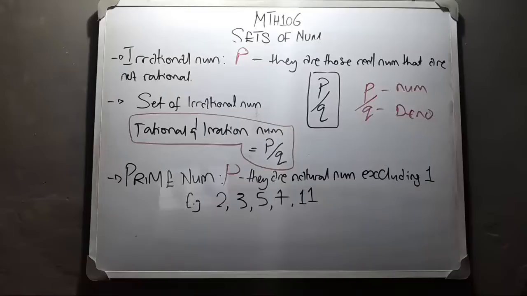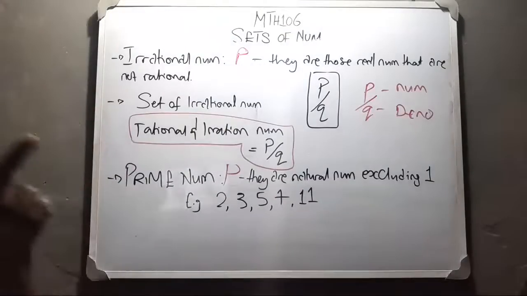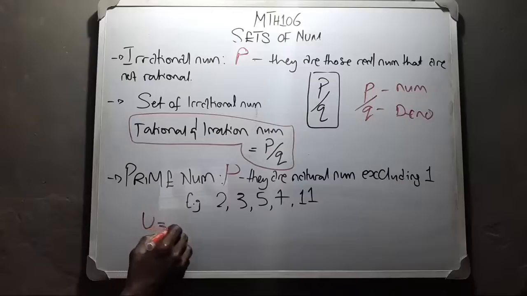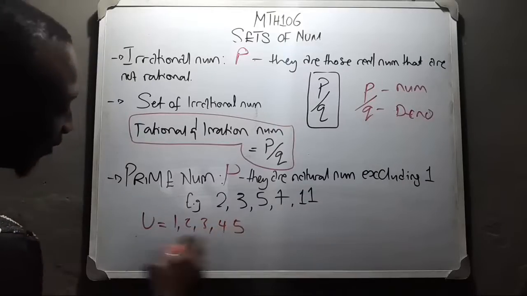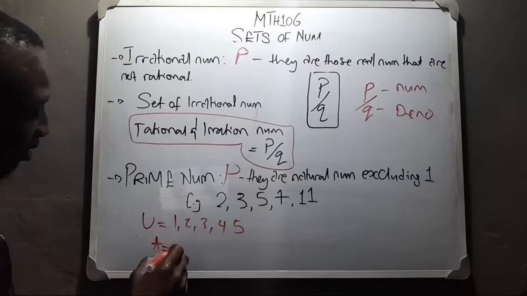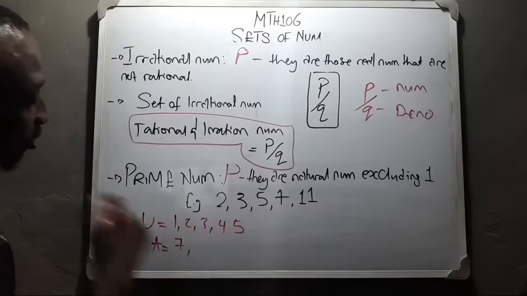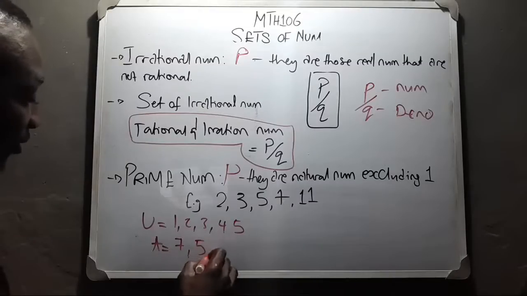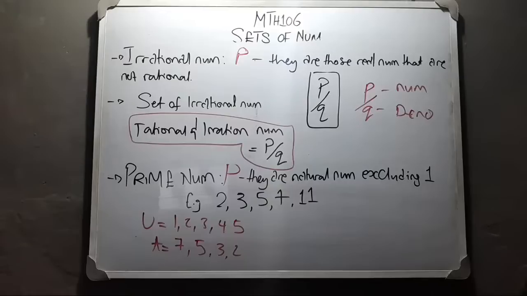Now, when we say A complement, what is the complement of A? If this is the union, 1, 2, 3, 4, 5, and A is equal to 7, 5, 3, 2.